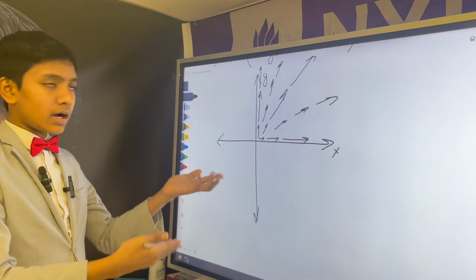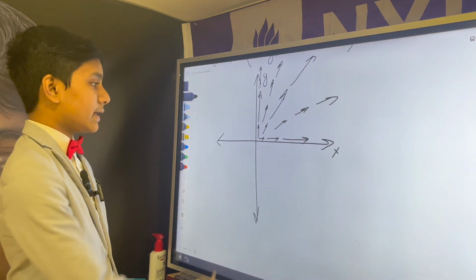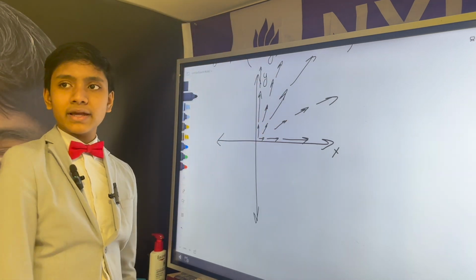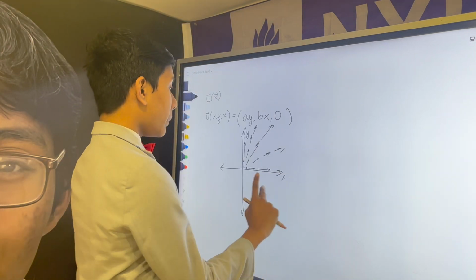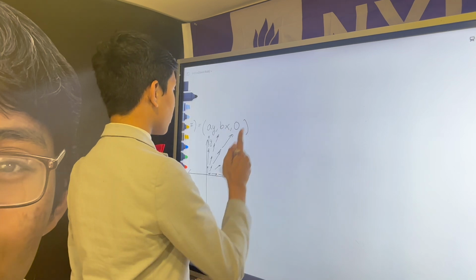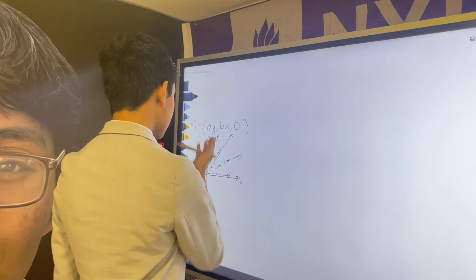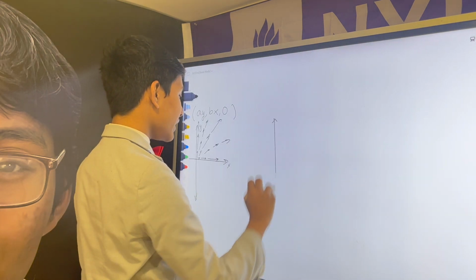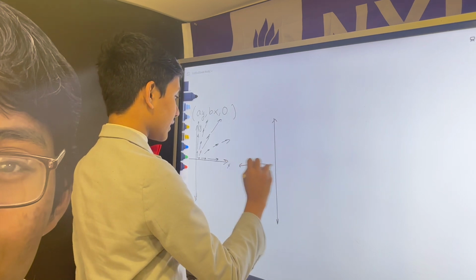So that's one kind of fluid flow, where it gets more intense radially. But there's another kind of fluid flow, where you can just make a and b negative. Everything is flipped.